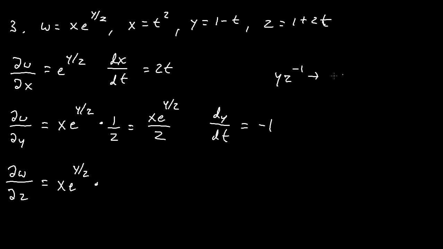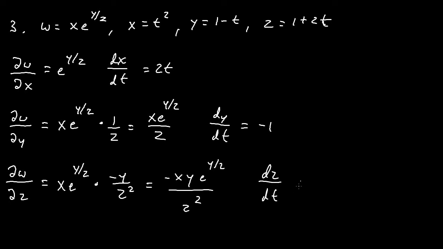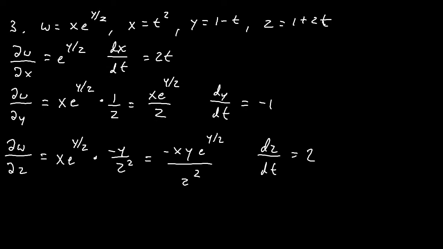So we bring the power down, so negative y times z, and then subtract the power by 1 to the negative second. So we get negative y over z squared. So when I multiply by negative y over z squared, I can simplify, and then we'll get negative x y e to the y over z over z squared. So now dz/dt, deriving the z equation with respect to t, the derivative of 1 plus 2t is simply 2.